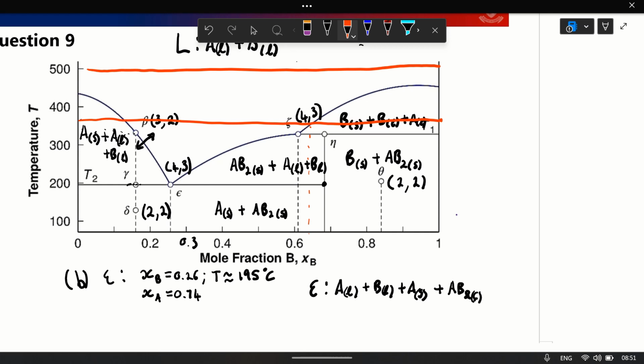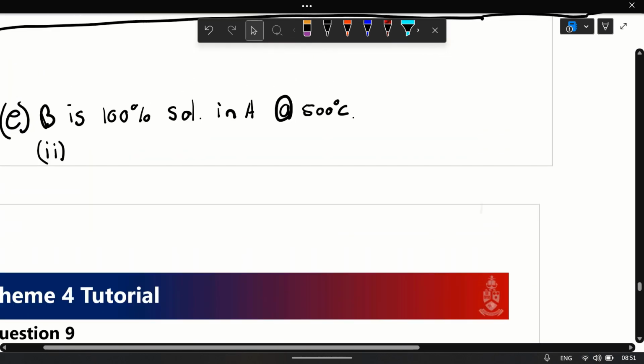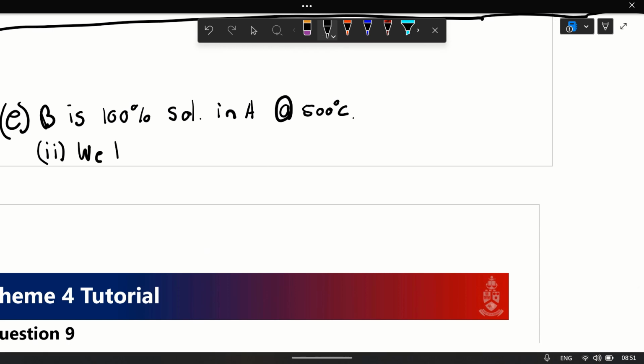So it corresponds to a composition of, let's just call this point x1 for the moment, roughly x1 equals 0.66. So it's going to give us that we have solid B in this region, but there is no AB2 really. So we have solid B.